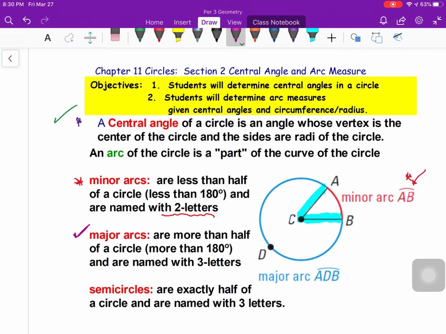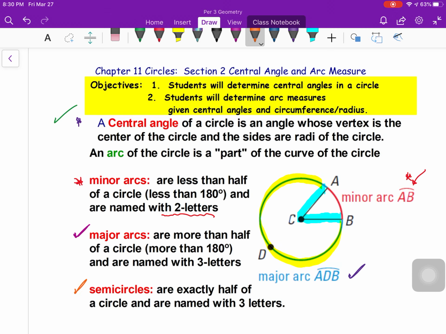A major arc, on the other hand, is always bigger than half of a circle, so it's bigger than 180 degrees. The arc that goes from A through D all the way to B would be a major arc. And they're always named with three letters.